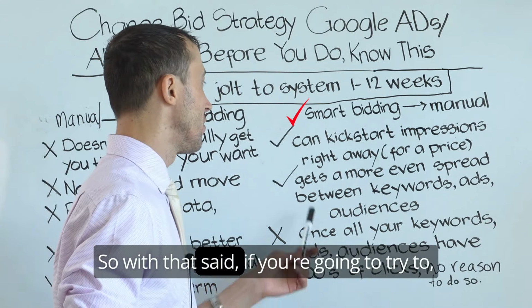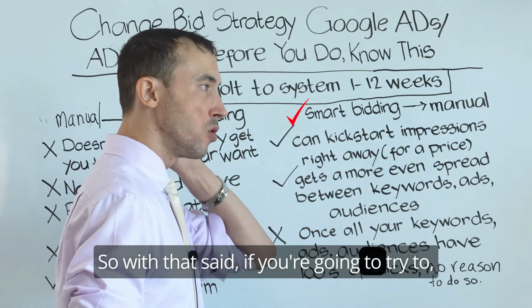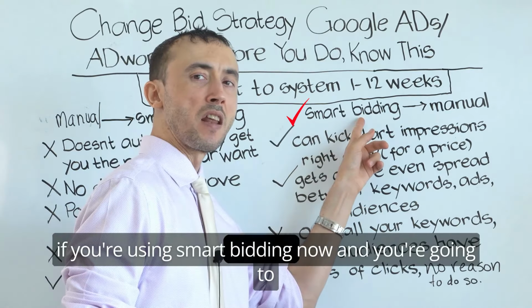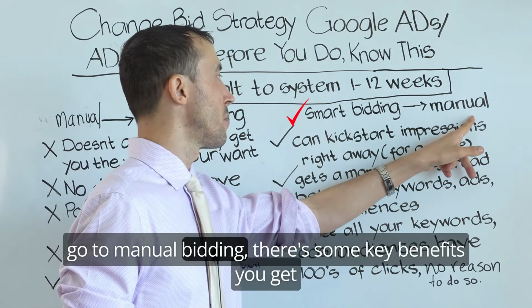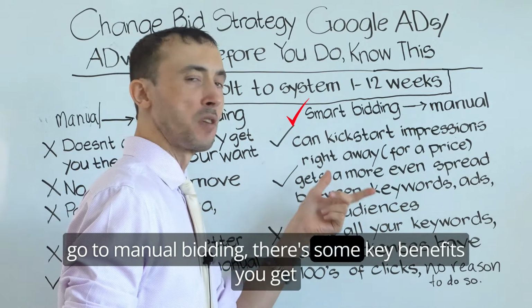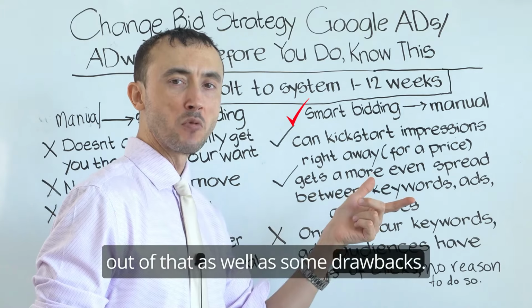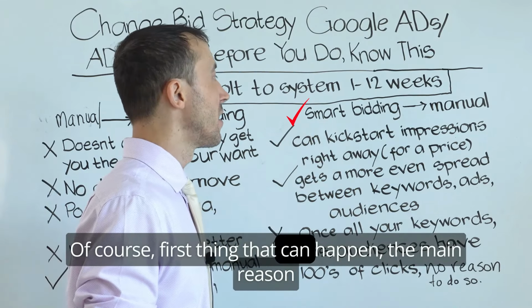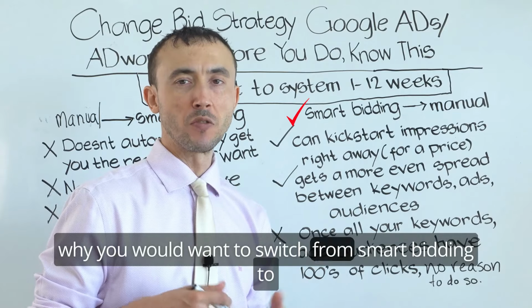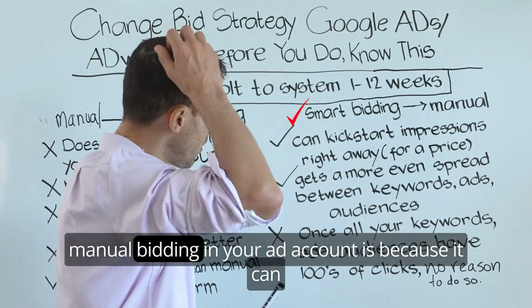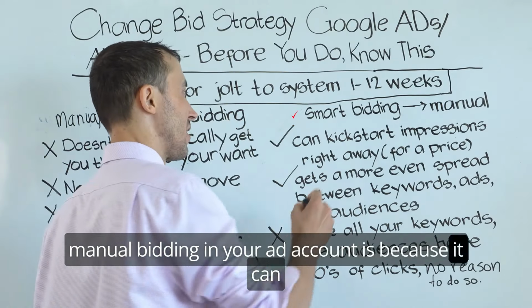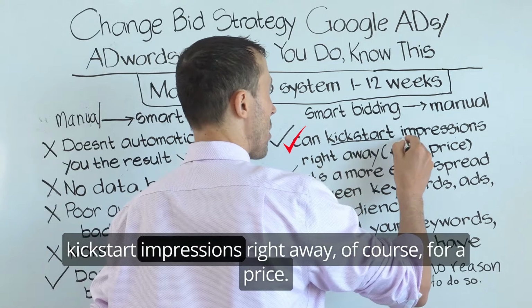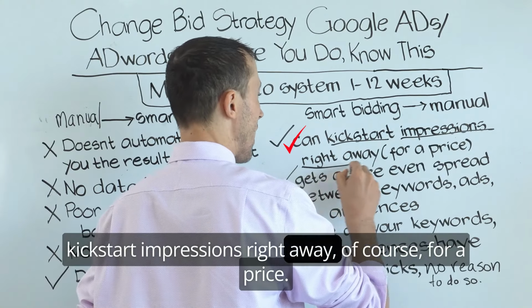So if you're using smart bidding now and you're going to go to manual bidding, there are some key benefits you get out of that, as well as some drawbacks, of course. The main reason you would want to switch from smart bidding to manual bidding in your ad account is because it can kickstart impressions right away.